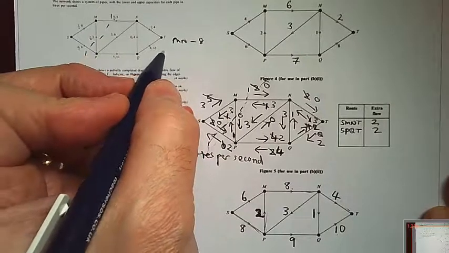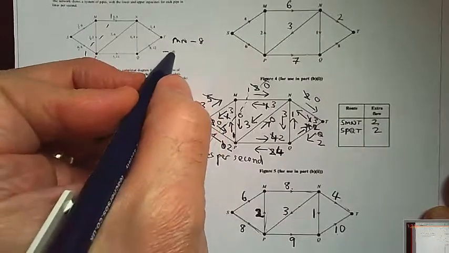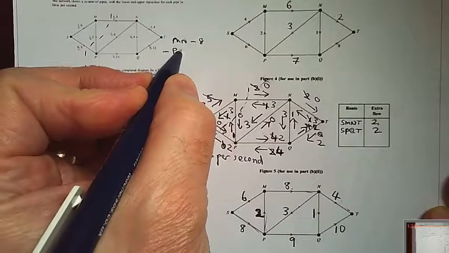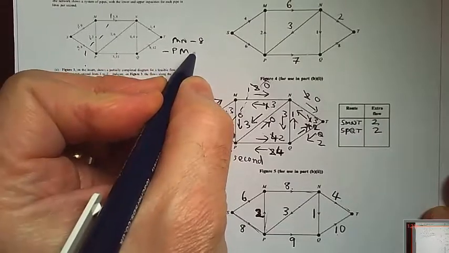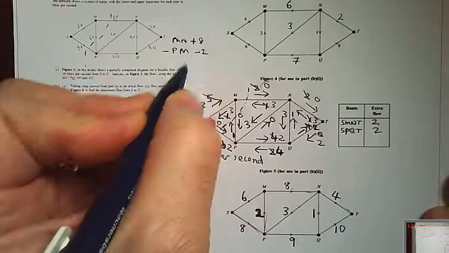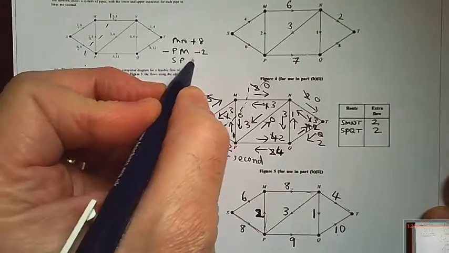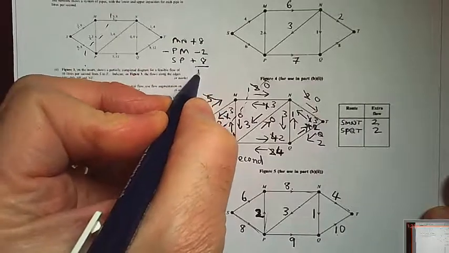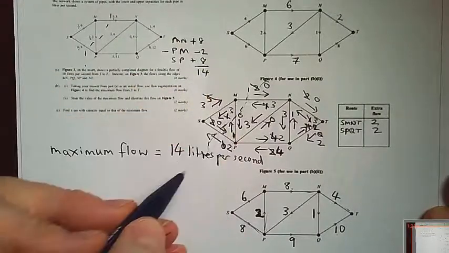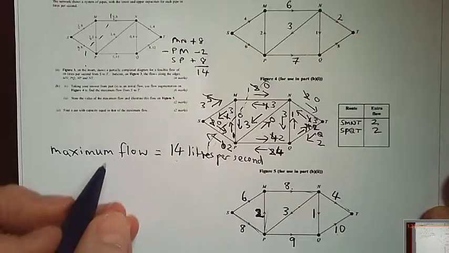PM is directed from sink to source, so it's minus PM, so that's plus 8, that's minus 2, and then SP is plus 8, so that gives us our 14. So there's the cut there, the cut goes through here. So find a cut.